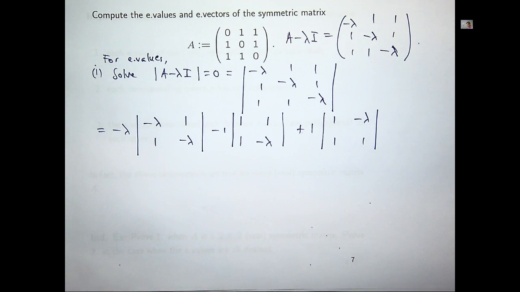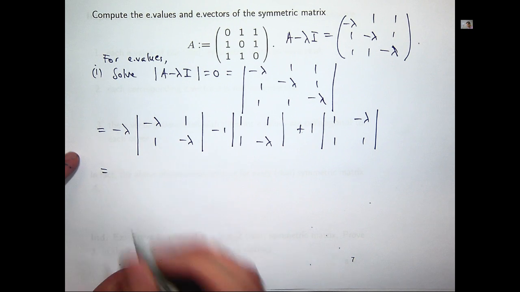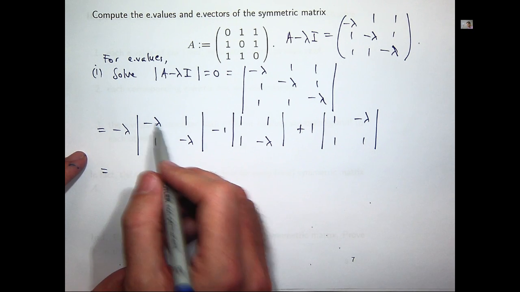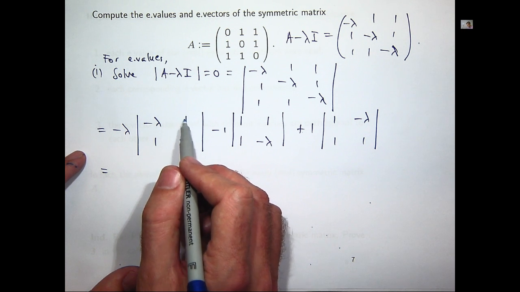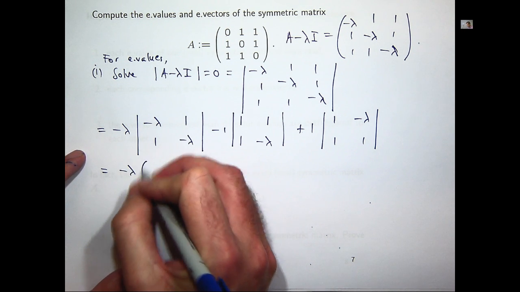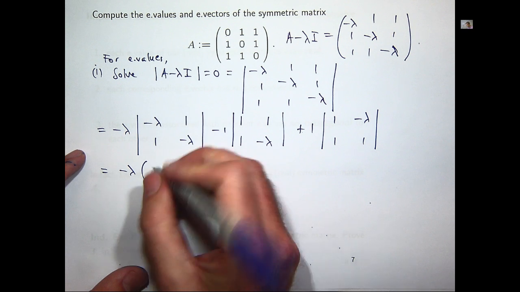Okay. So now expand these 2 by 2 determinants, and then we'll try to simplify in some way. Okay, so again, you just work diagonally. So it's minus lambda times minus lambda minus 1 times 1. So that's going to be lambda squared minus 1.